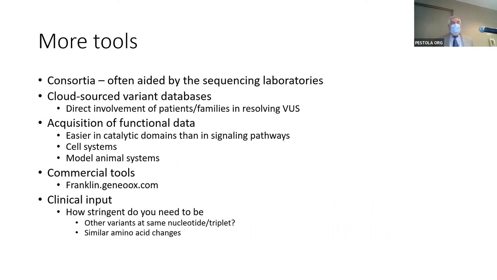Consortia. In some cases, the reference laboratory who sends you the results says, this is an interesting VUS, and you know what? So-and-so in Europe is interested in this gene. Talk to them. They may have some tools to be able to sort this out. There's a huge consortium in the United States. We're doing it. Undiagnosed Disease Network, federally funded.